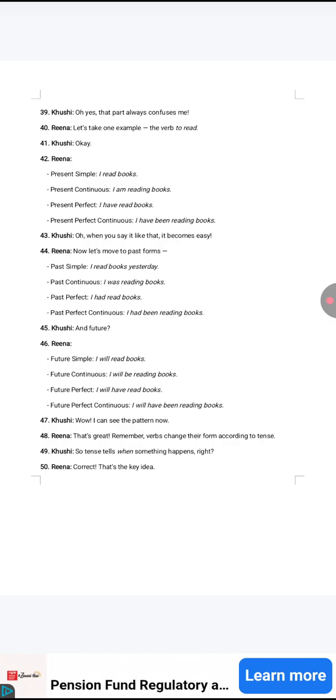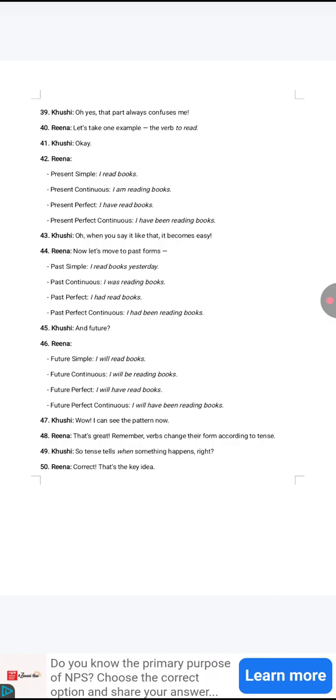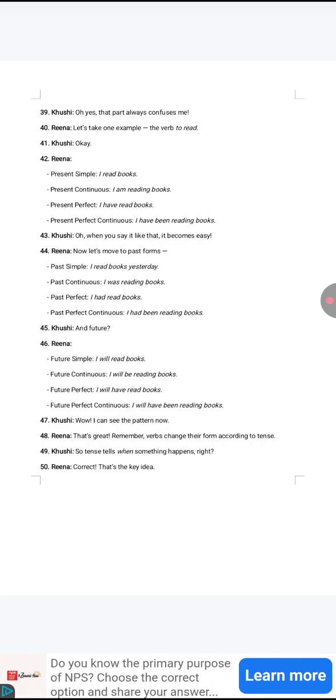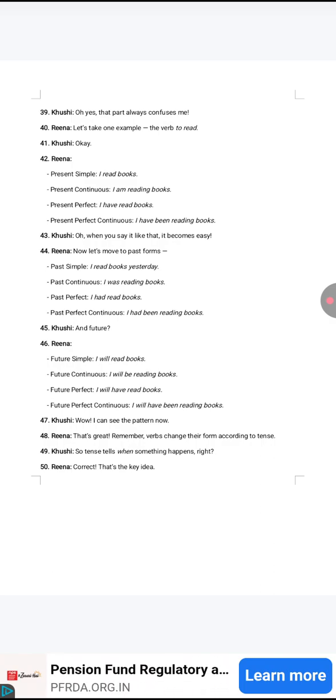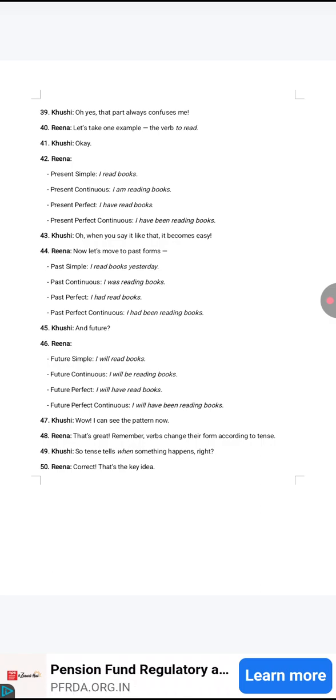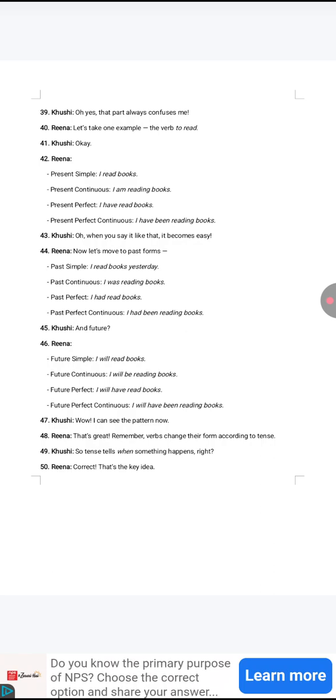This is the example of past simple. Okay, second we have past continuous. I was reading books. Next we have I had read books. This is the example of past perfect. Next we have I had been reading books. This is the example of past perfect continuous.